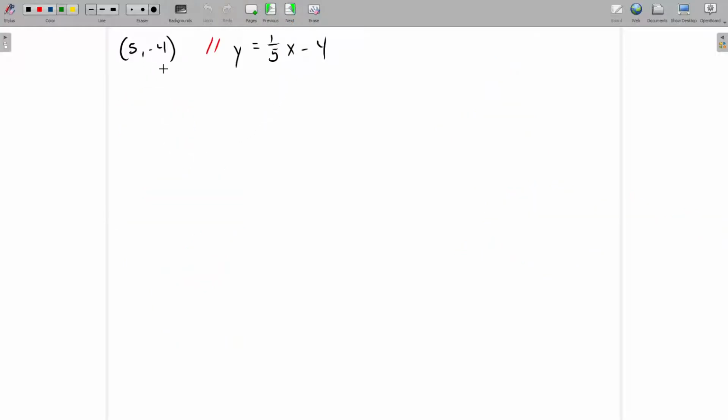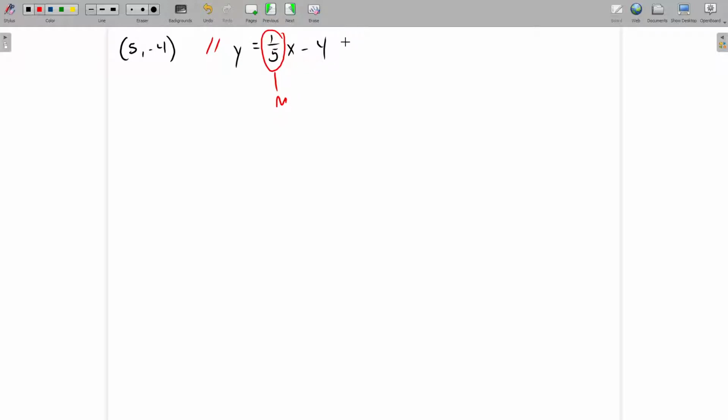All right, so let's start with a parallel example. So we're given a point and we're given an equation. So I want to find the equation of another line that is parallel to the one that I'm given and is going to go through this point. Okay, so we know that parallel lines have the same slope.